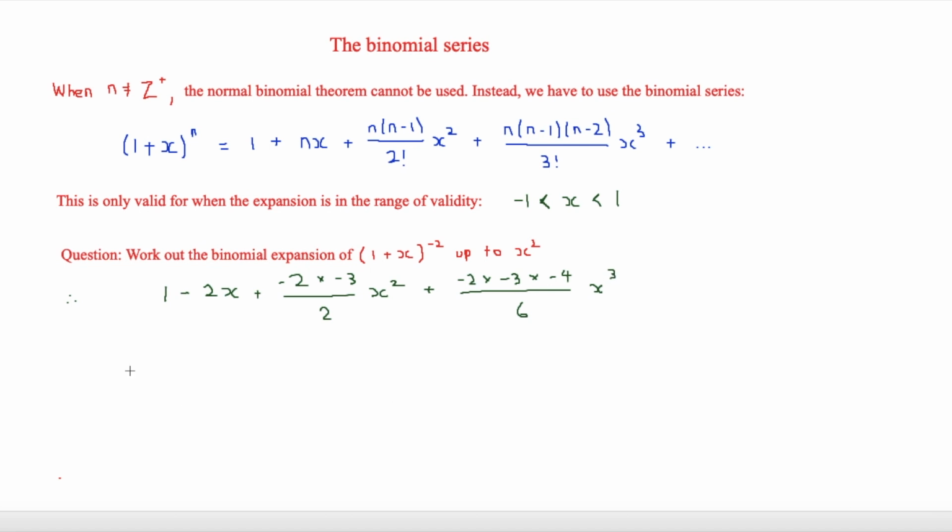Now all we need to do is simplify it, so we have 1 minus 2x plus 3x squared.